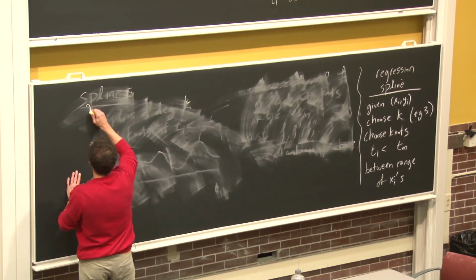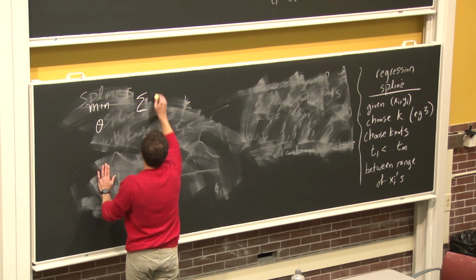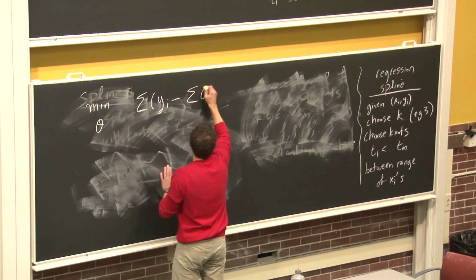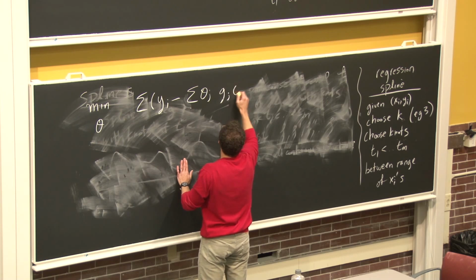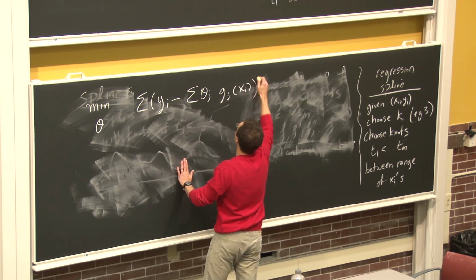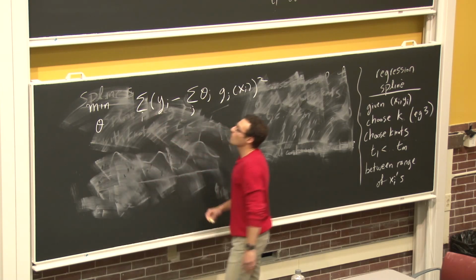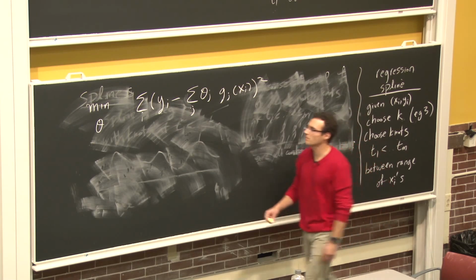So I'm going to solve this problem: minimize over all choices of coefficients theta the sum of (y_i minus the sum of theta_j times g_j of x_i) squared. Whatever solves that problem, I'll call theta hat.